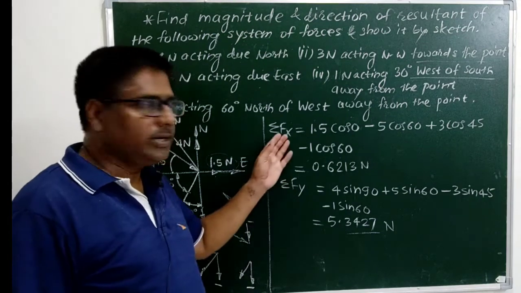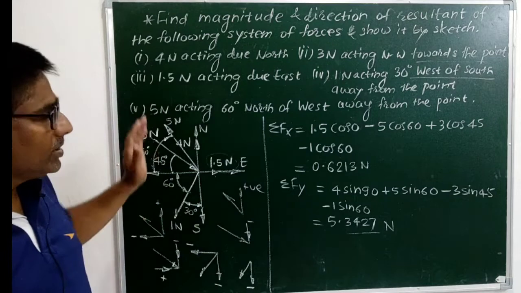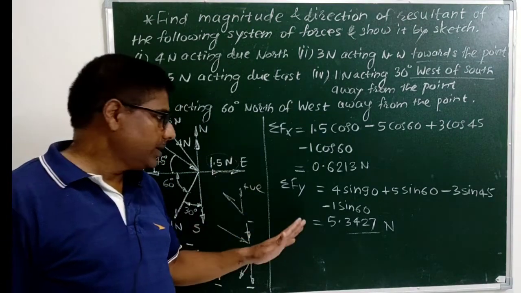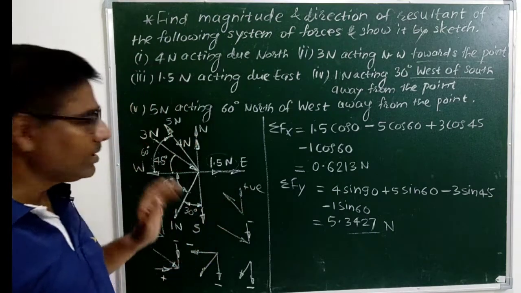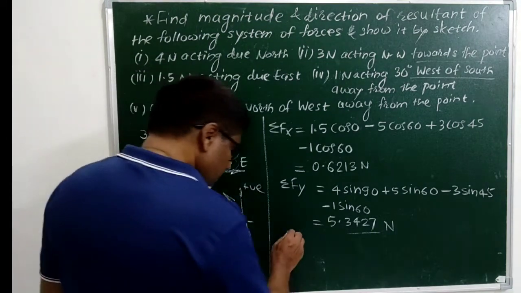Now we have calculated the sigma Fx value, that is the summation of all horizontal components of the given forces. Then we have calculated the sigma Fy value, meaning the summation of all vertical components of the given forces. Then the next step is to find the resultant.